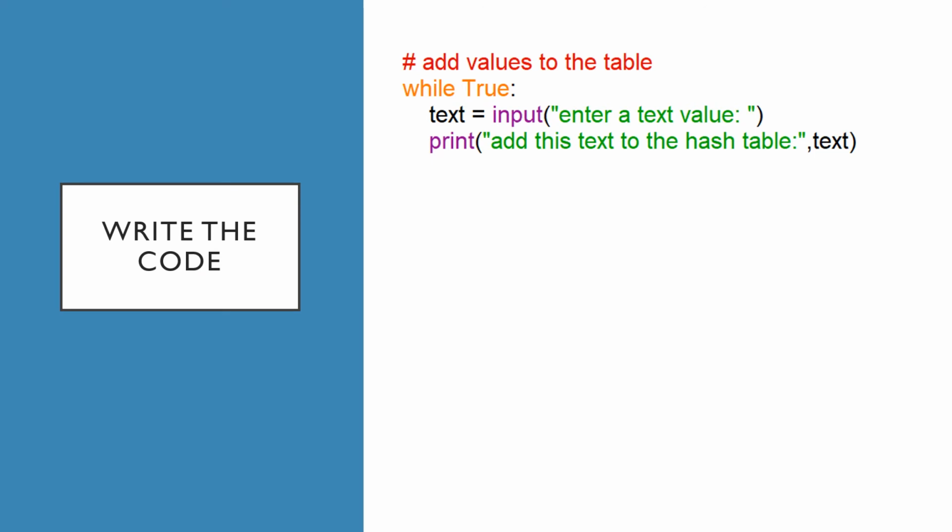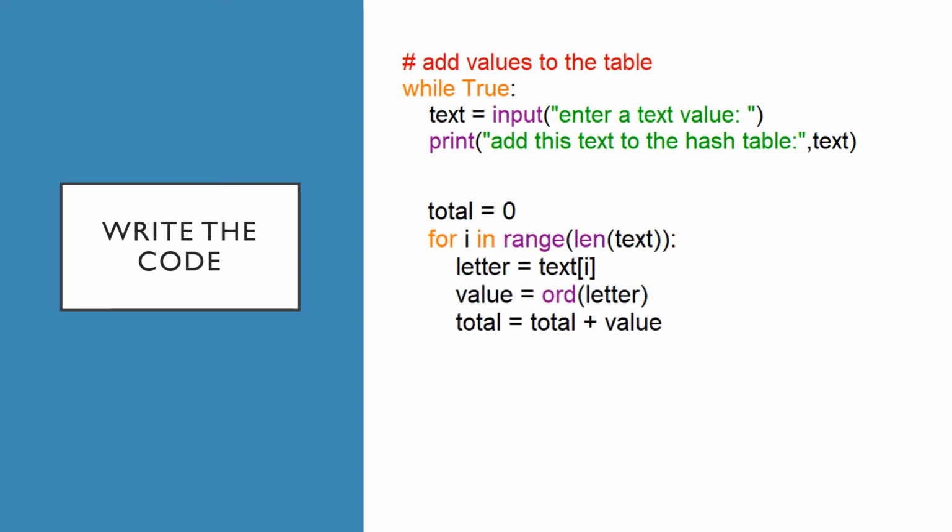So change the top of the code so that we enter a text value rather than an integer, and I've called the identifier text. Then I've created a variable called total, and for every character in the text, I'm finding the ASCII integer value and adding it to the total.